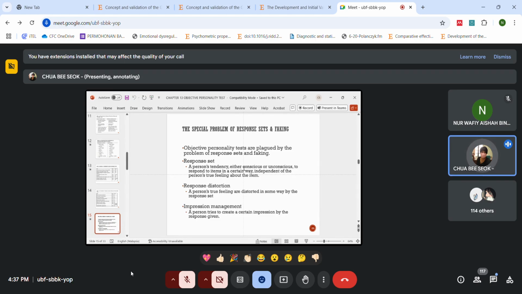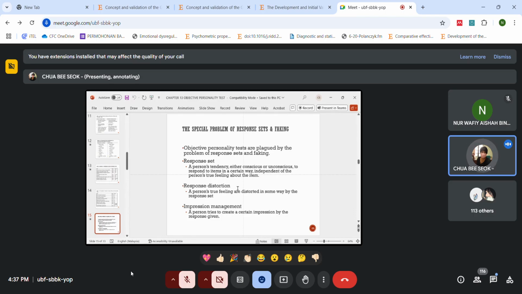Okay, so response set means the person's tendency, either conscious or unconscious, to respond to the item in a certain way, independent of their true feeling. It means it's not their true feeling when they answer the item.